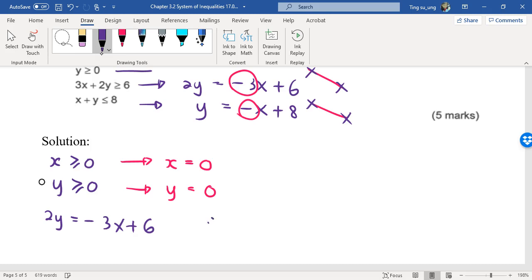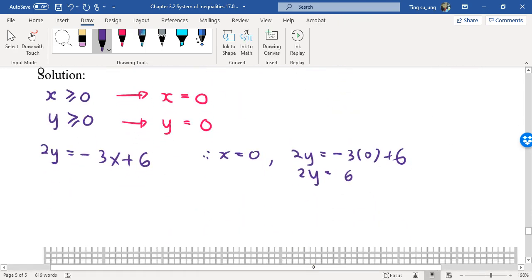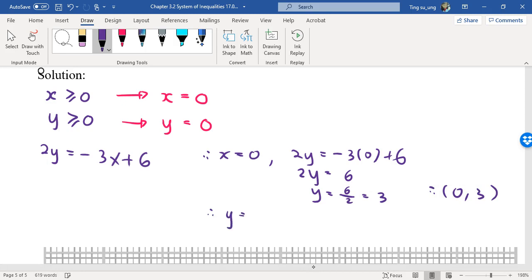But to keep it easy, you just have x equal to 0. If x equal to 0, what will be your y? 2y equal to negative 3 times 0 plus 6, so 2y equal to 6, and y equal to 6 over 2, which is 3. So your point is (0, 3). To get another point, let y equal to 0.